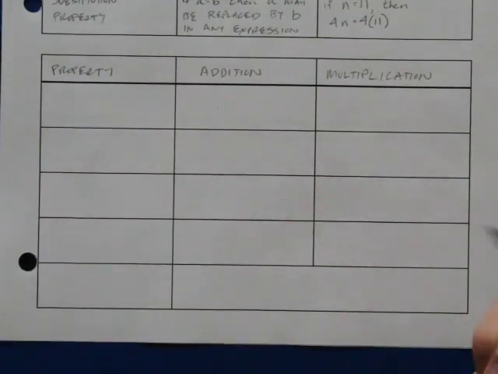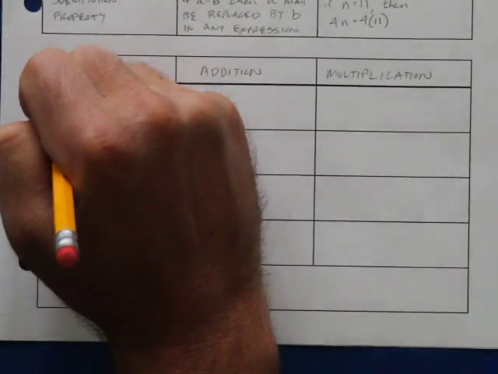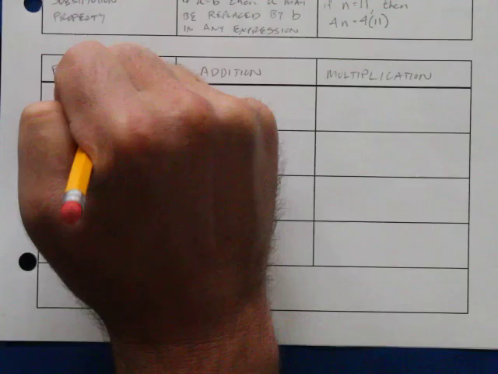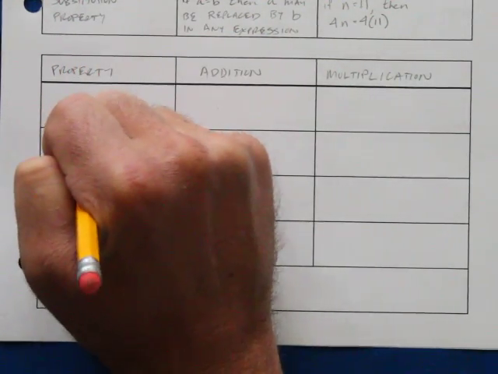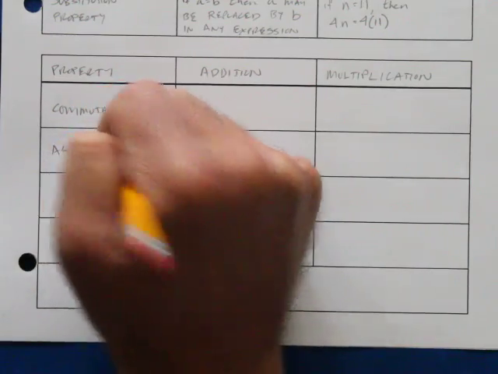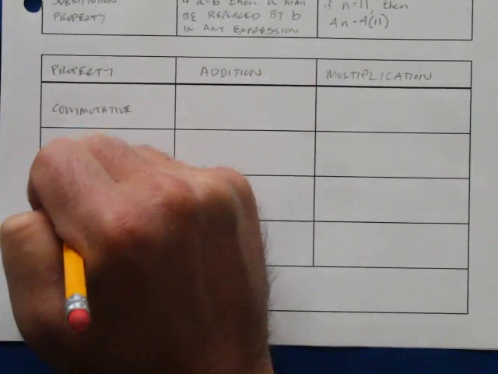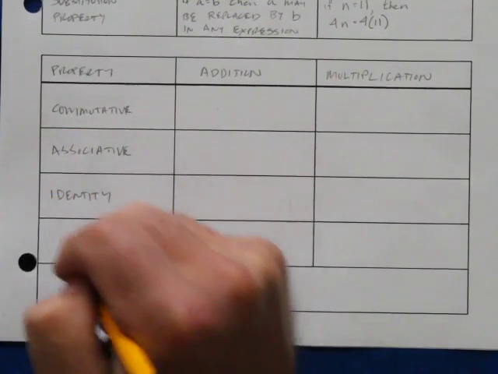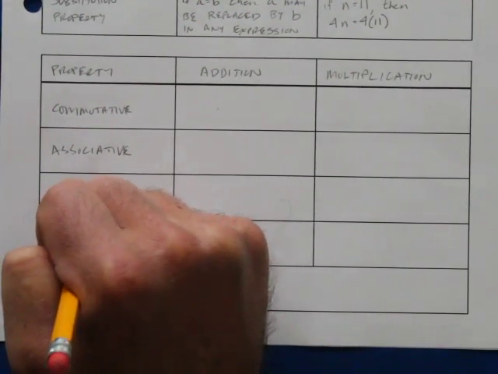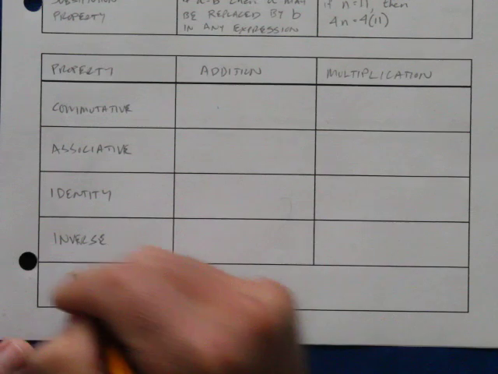Okay, so we've got 5 properties here: commutative, associative, identity, inverse, and distributive.